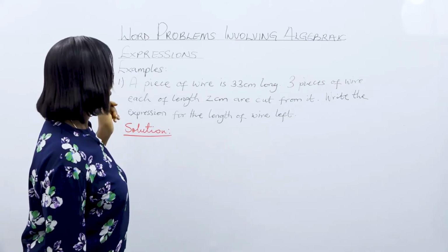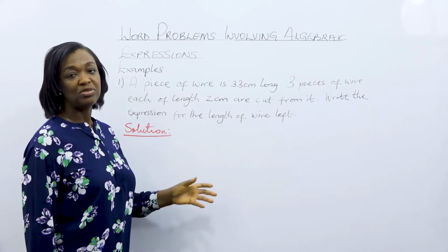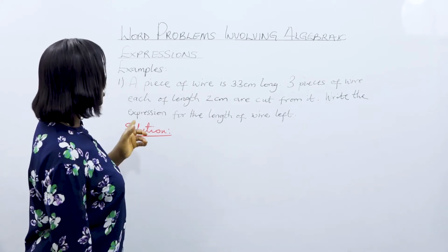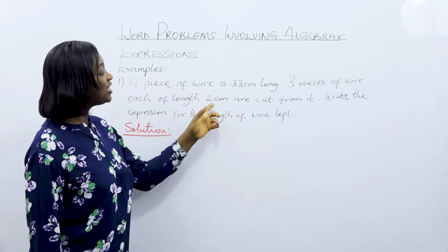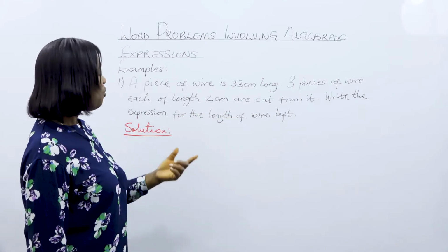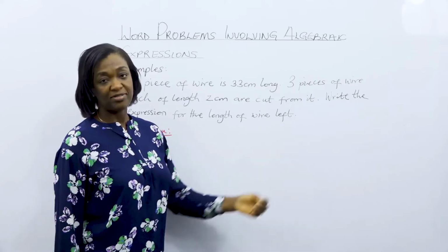In this segment, let's look at word problems involving algebraic expressions. The first example we have is a piece of wire that is 33 centimeters long. 3 pieces of wire, each of length z centimeters, are cut from it. Write the expression for the length of wire left.